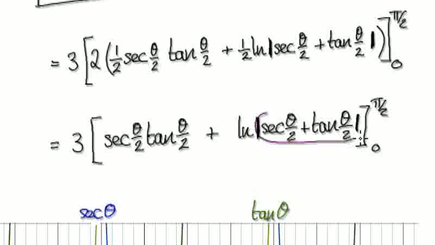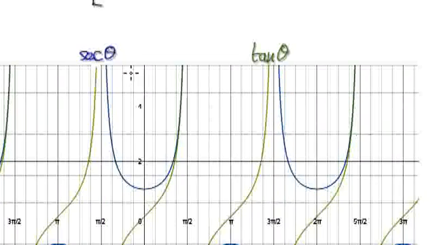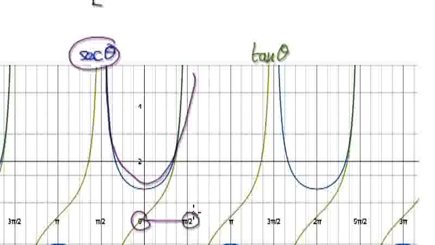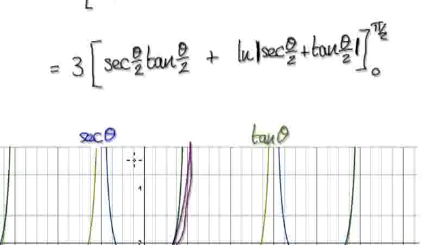So now we can get rid of the modulus here, because in the domain from 0 to pi over 2, secant of, well, this thing here will be in between 0 and pi over 4. But the thing is, if you look at the secant graph here, between 0 and pi over 2, it's always positive. So we don't really need the modulus sign.